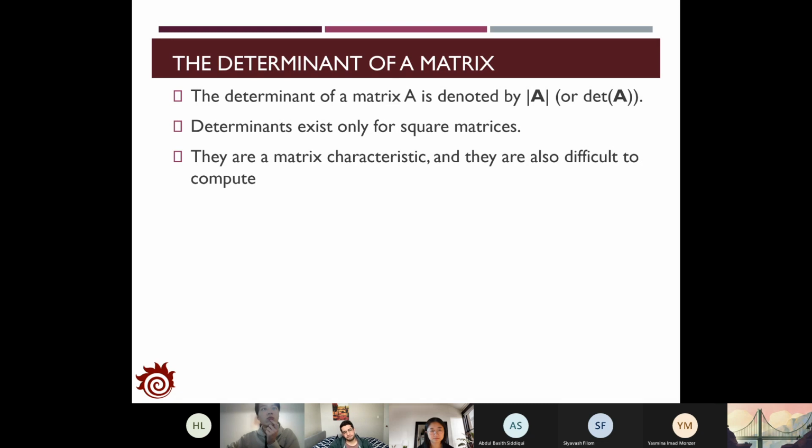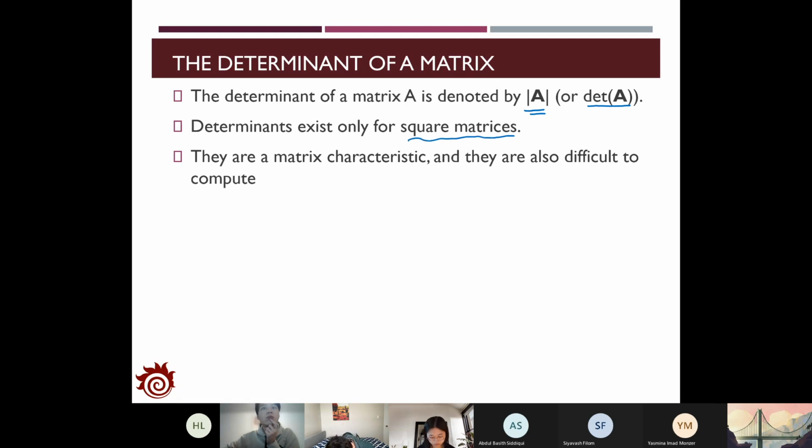The next feature about the matrix is the determinant, and this is actually one difficult part about the matrix, especially around matrix calculation. The determinant of the matrix is written as the absolute value of A, or we just simply write it as the determinant of A. The determinant exists only for the square matrix.